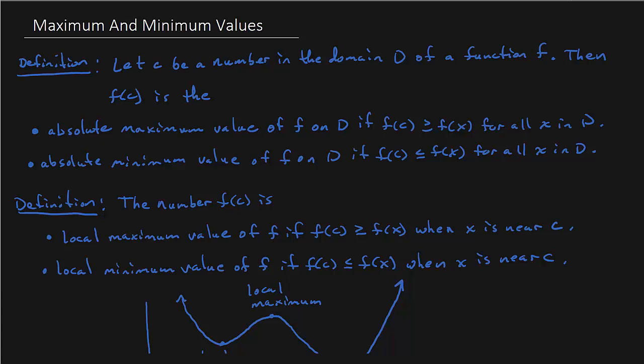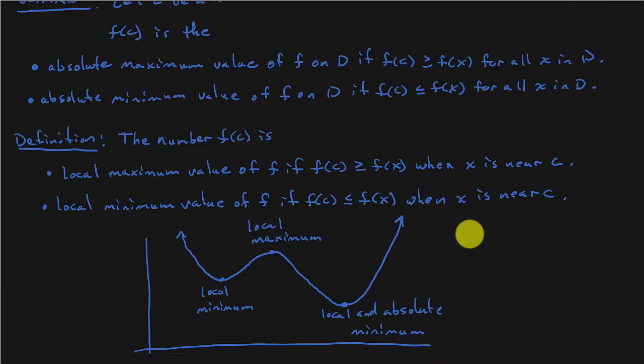But when x is near c, and a local minimum value of f if f of c is less than or equal to f of x when x is near c. Notice the absolute max and min is for all x in the domain. It's either the largest or smallest. But for local maximum and minimum, it's when x is near c. So let's look at the difference.